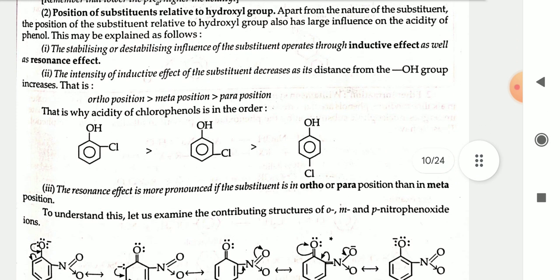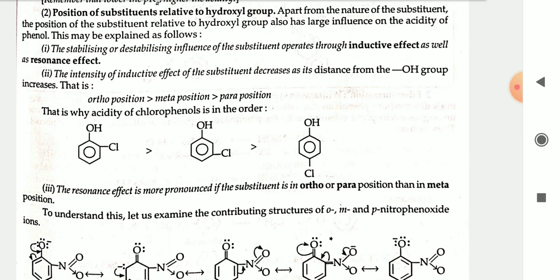Second is the position of the substituent relative to the hydroxyl group. Apart from the nature of the substituent, the position of the substituent relative to the hydroxyl group also has a large influence on the acidity of the phenol. This may be explained as follows. First, the stabilizing or destabilizing influence of the substituent operates through the inductive effect as well as the resonance effect.